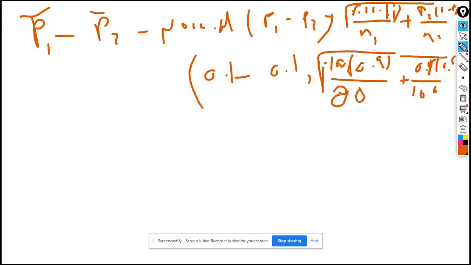So now that's the point of the question. So it's going to give us normal with mean 0 and standard deviation 0.045.